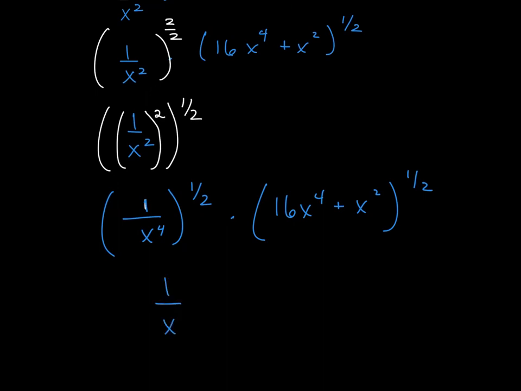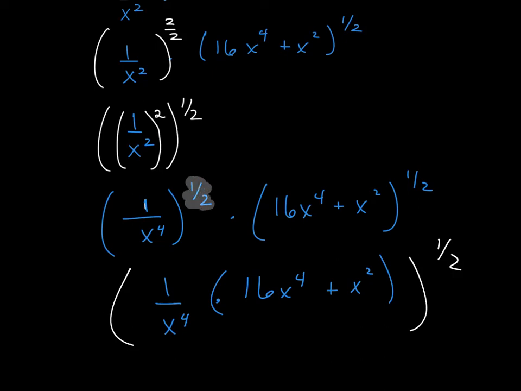Now I can go through and multiply those together. They all still have a big bracket on the outside of 1/2. And the reason I can do this is because both of these now have an exponent of 1/2 on the outside.